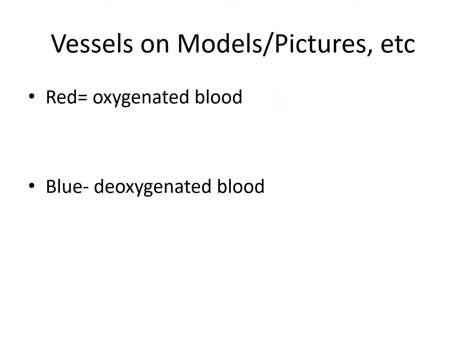This translates then to what we see on models or pictures. So by convention, we're going to see red vessels and we're going to see blue vessels. The red vessels are carrying oxygenated blood. And those would be what? Those would be systemic arteries are going to be red.